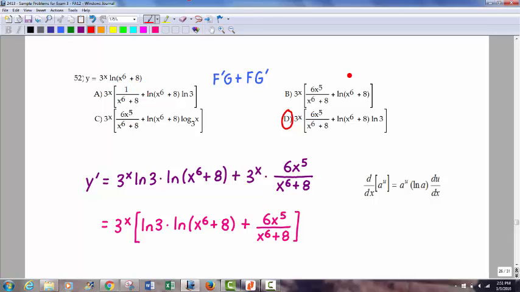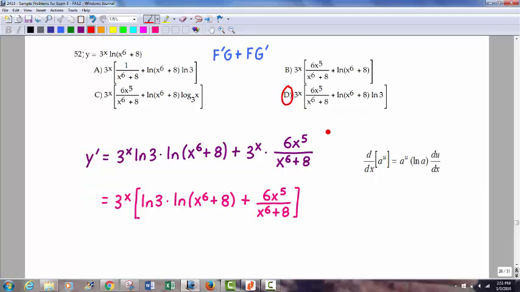Now we take the derivative. The derivative of natural log is just du dx divided by u. U prime over u is another way you can look at it. So it would be the derivative of x to the 6 plus 8, which is 6x to the 5th, divided by x to the 6 plus 8. And there's how I have it. So normally I wouldn't care, but only because we're trying to match an answer here, I went ahead and went along with the factoring out of the 3 to the x.